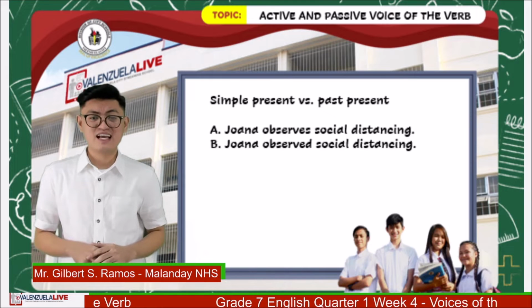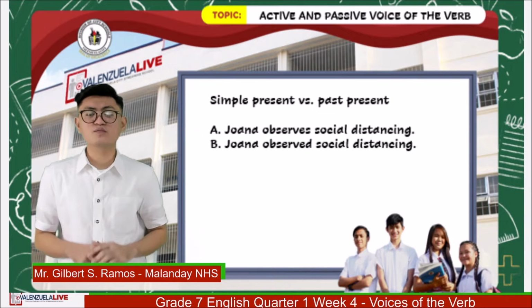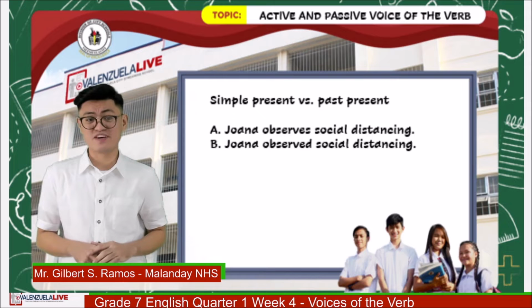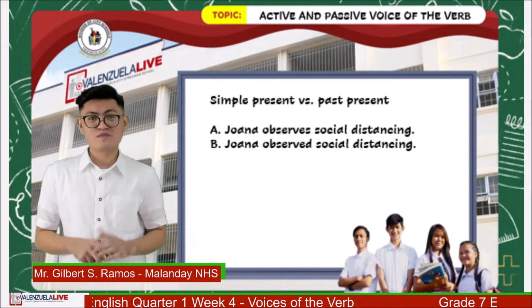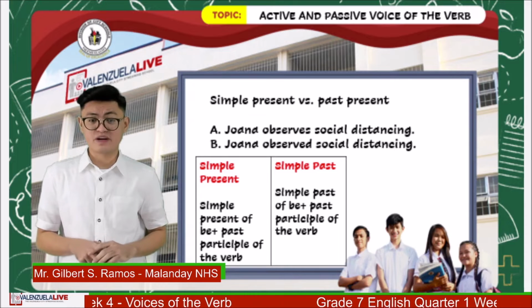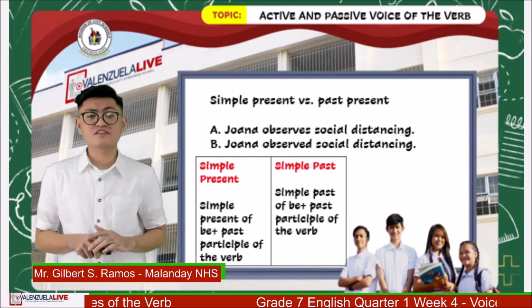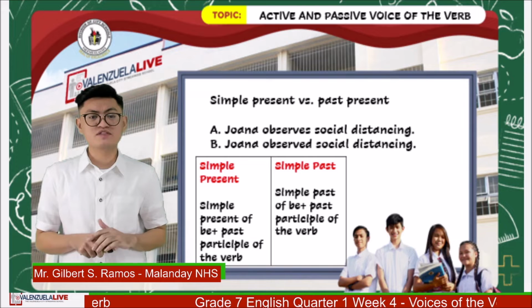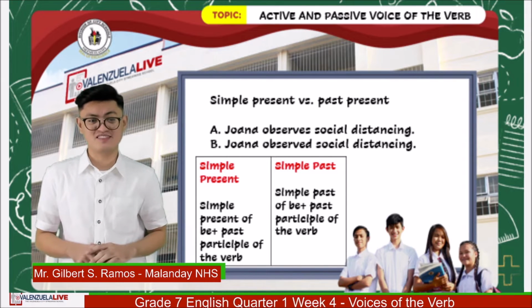Take note that there must also be a change in the verb. For the present tense, use the formula simple present of be plus the past participle when transforming it to passive voice.